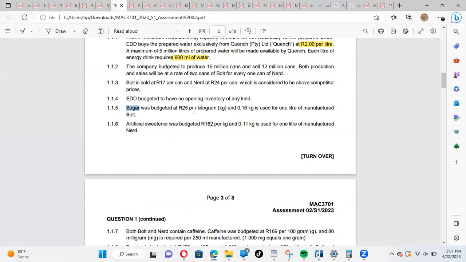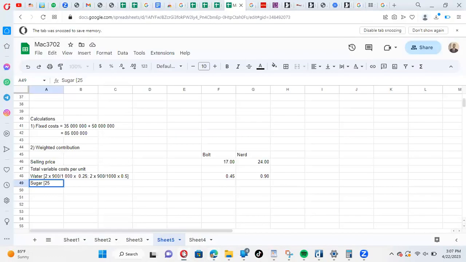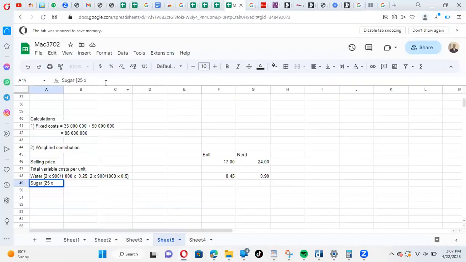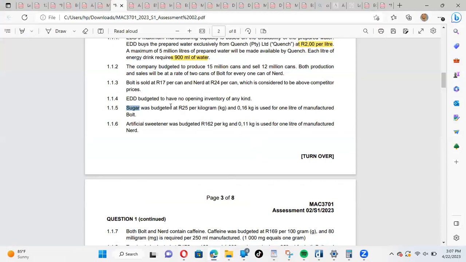So the cost on this one is 25 rand per kilogram. 25 rand per kg times 0.16, which is used to produce 1 liter. We said the budgeted is 25 per kg, and we only need 0.16 to produce 1 liter.